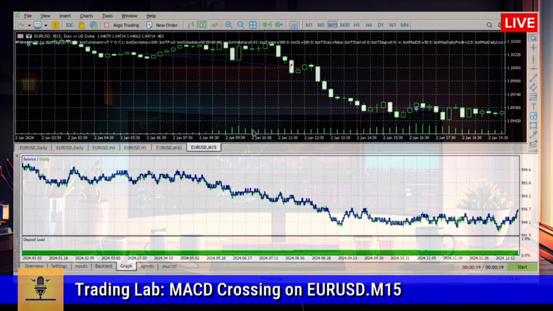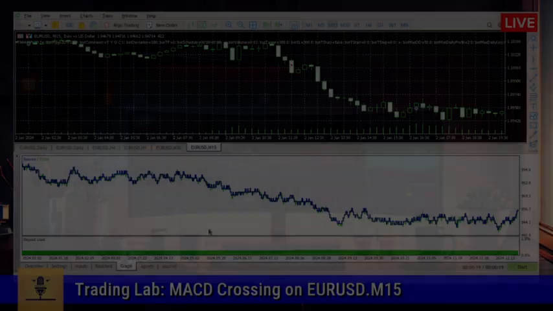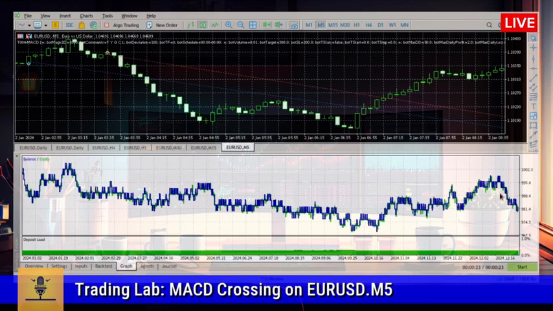On the 15-minute chart, we can see MACD started to give a lot of false signals. That means we need to do some filtering before we can use MACD. Finally, on the 5-minute chart, we can see the balance of right and wrong signals. We need to filter out all the false signals before we can use it further.